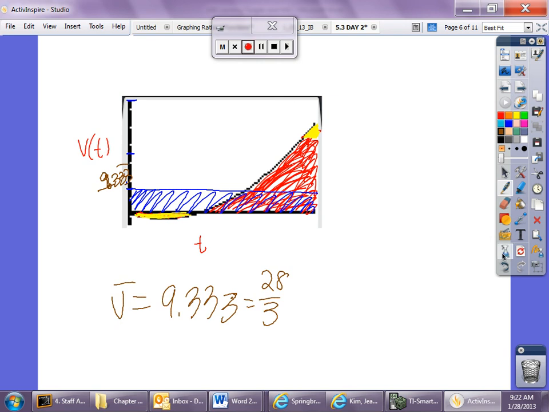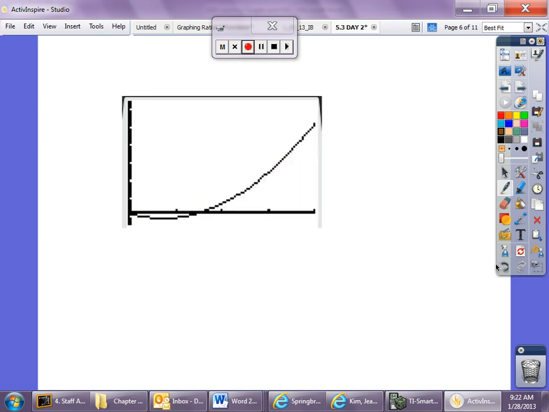Now I'm going to erase this all to show you what the average acceleration would be. Average acceleration said that you took the point from the beginning, the point at the end, so that was 0, 0, and that was 4, I think it was 40, and you find the slope. And the average acceleration is literally the slope of the line that connects from 0, 0 to 4, 40, which is 10.